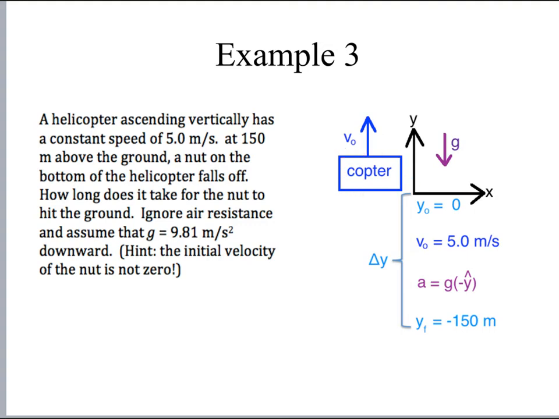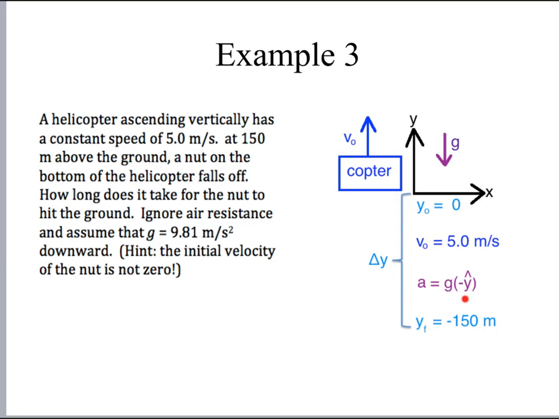We have our helicopter here. It's got a velocity going upward, and we have our coordinate system here, and I've located the origin at the bottom of the helicopter, and we know the initial position in the y direction is going to be 0. The initial velocity is going to be 5 meters per second upward.